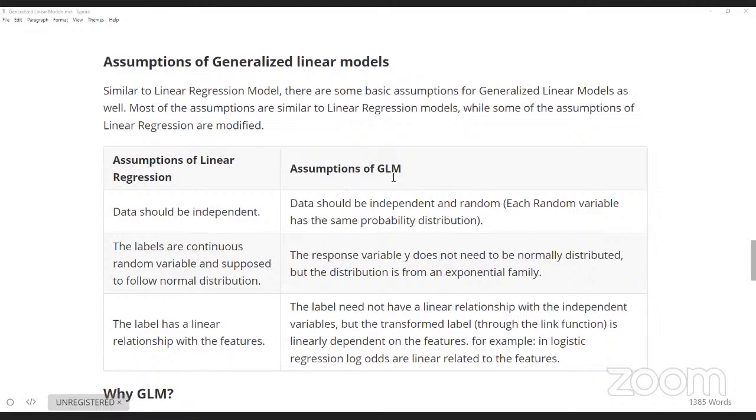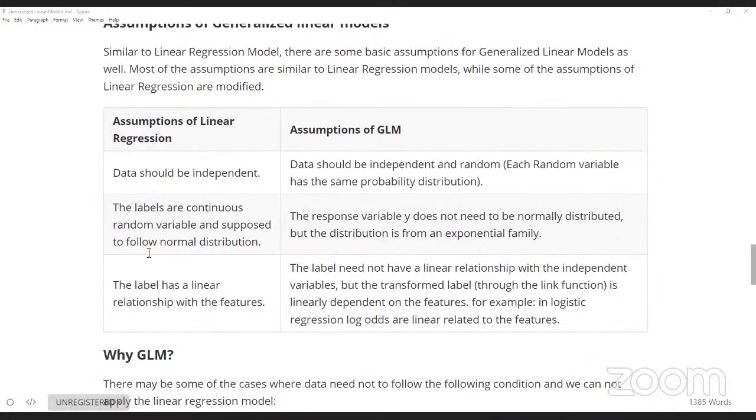In the generalized linear model, we make the same assumption that features are independent. They are random, meaning they follow some probability distribution, since data is randomly collected.